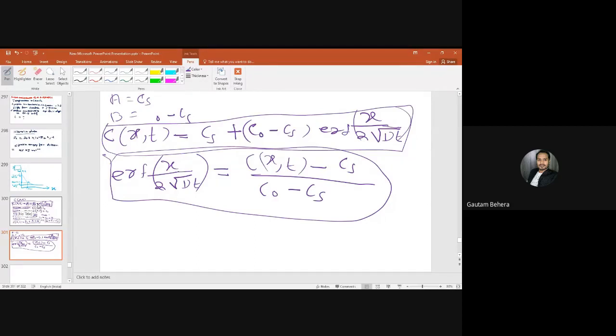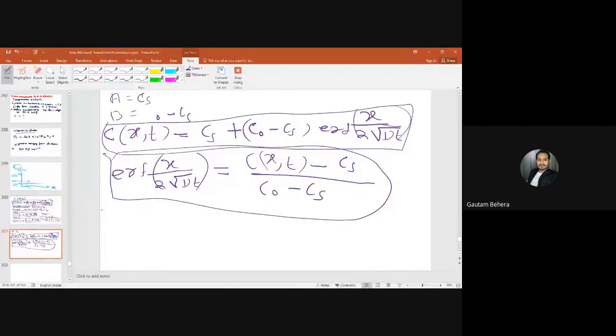So at a depth of 1.5 mm, we want a carbon concentration of 0.58%. So we can substitute 0.58 instead of Cxt. Okay, finally you can solve it. Error function of x by 2 square root of dt is equal to, instead of Cxt, I can write 0.58, because we want 0.58% of carbon at a depth of x.